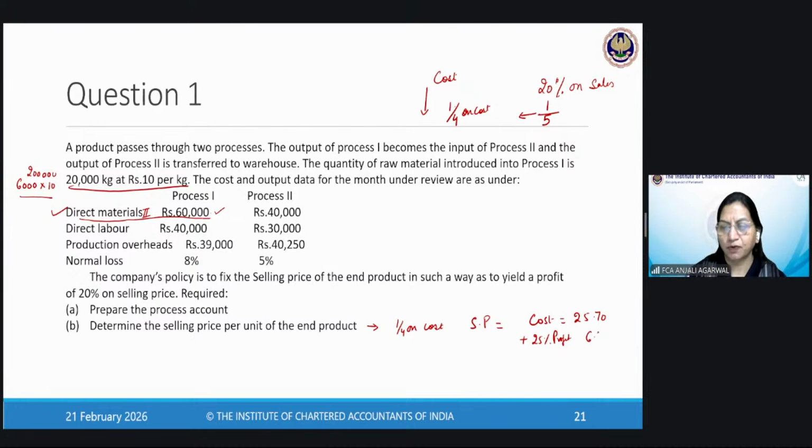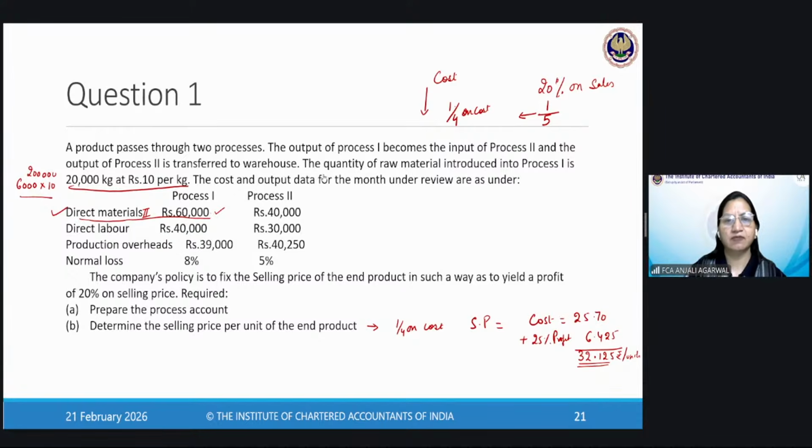So it is 6.425 approx. So the product should be sold at 32.125 rupees per unit. Here, because it is 0.125, you can keep the decimal till three places. Perfect. 6.425, not 64.